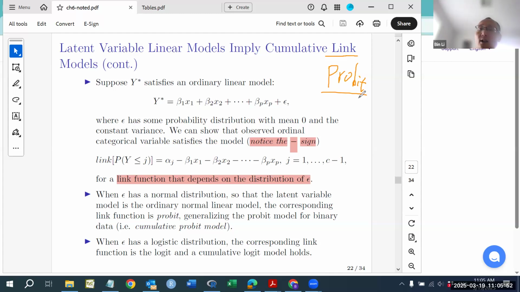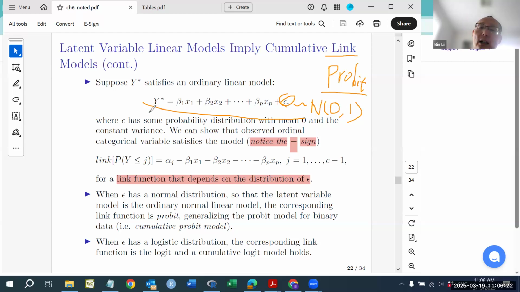So if we use the probit, then in the latent variable linear model, the epsilon, that's the random error, follows a normal distribution, a special one called the standard normal distribution, where the mean is 0 and the variance is 1.